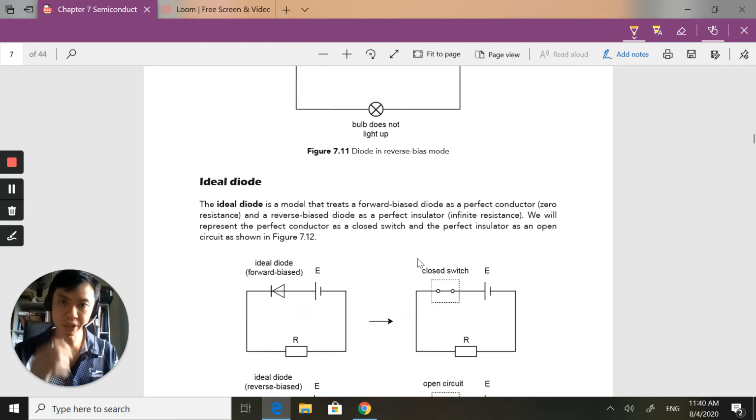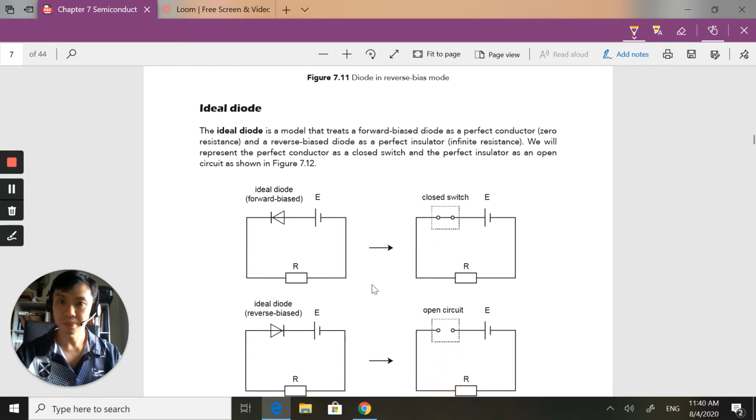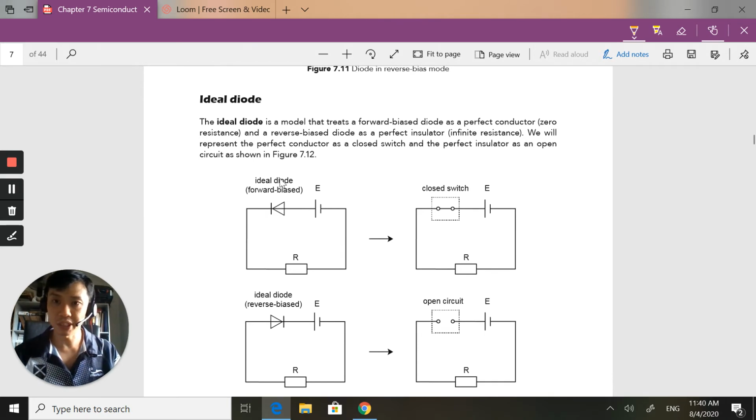We need some sort of model to help us learn and study the diode. The first model that we are going to take a look at is called an ideal diode.